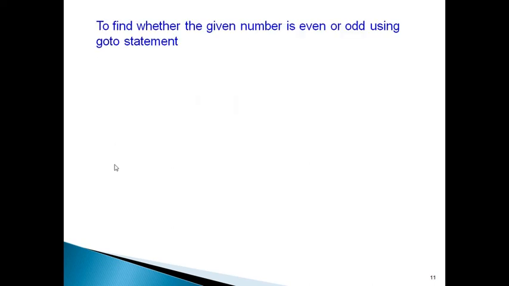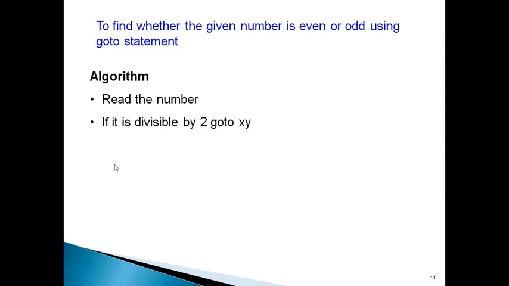Now we will see how to find whether the given number is even or odd using go to statement. This is the algorithm. First we will read the number. If it is divisible by 2, go to xy, else go to yz.